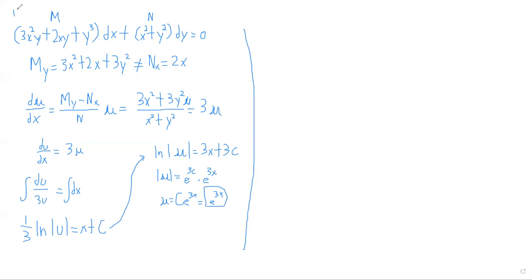I called this part 1. Part 2 is just plugging it in. Before I continue, I will say there's a caveat with this integrating factor method. If at the end of solving this d mu over dx, your end result has x and y variables mixed together, then it won't work.